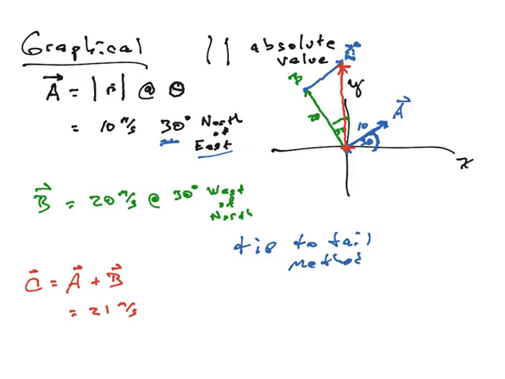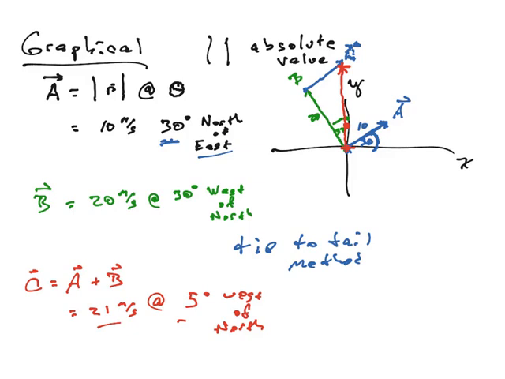And the direction, you just use a compass to find the angle that this new vector makes with respect to the axis. So maybe it's at, I don't know, 5 degrees west of north. Don't take these two numbers seriously. I'm just eyeballing it. I know I didn't do it accurately, but the method is what's important. That's how you add vectors together if you're going to do this graphically.